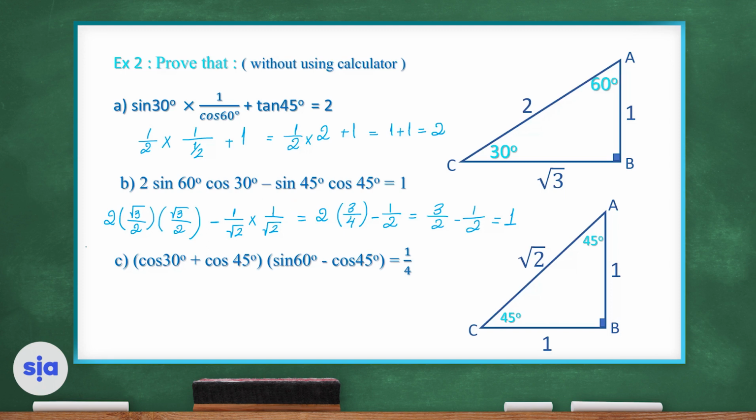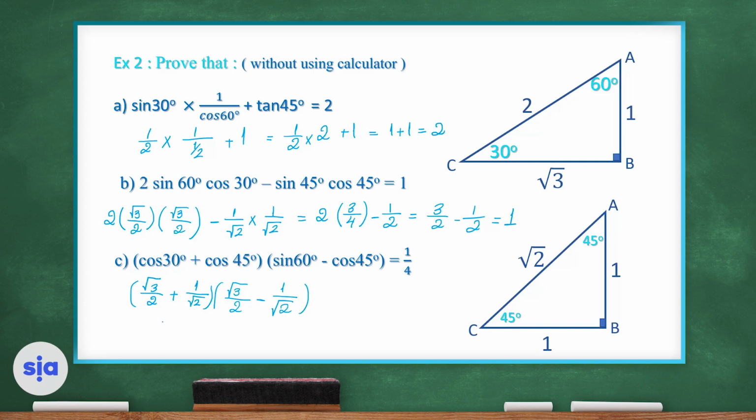Question C, cosine 30, which is root 3 over 2, plus cosine 45, which is 1 over root 2, times sine 60, which is root 3 over 2, minus cosine 45, which is 1 over square root of 2.